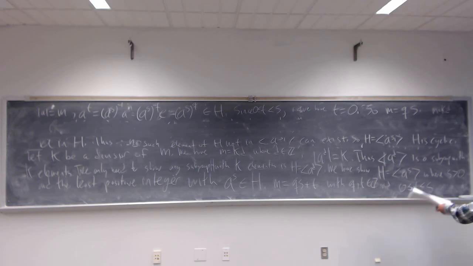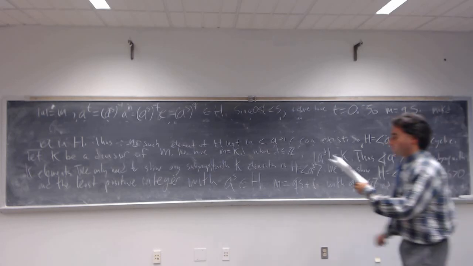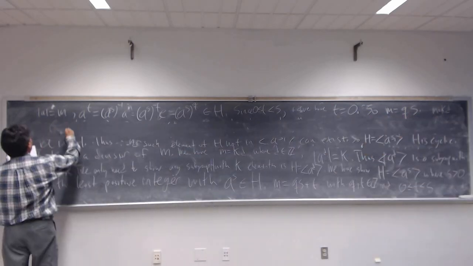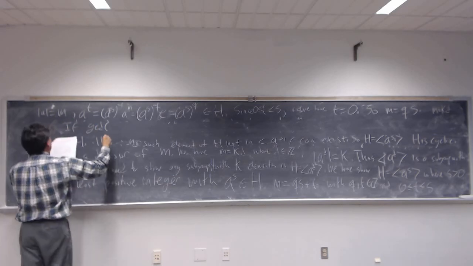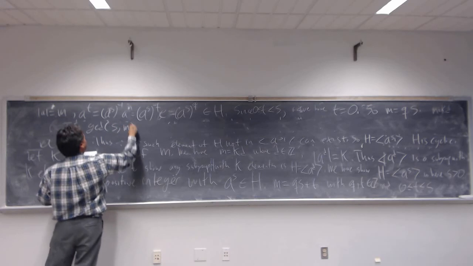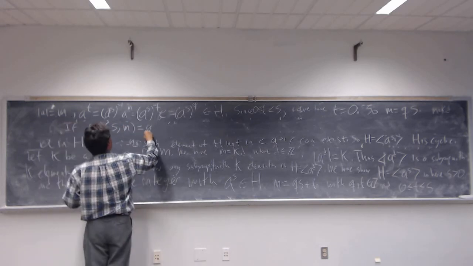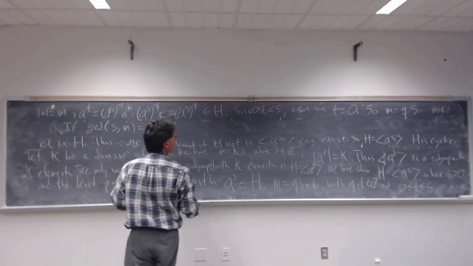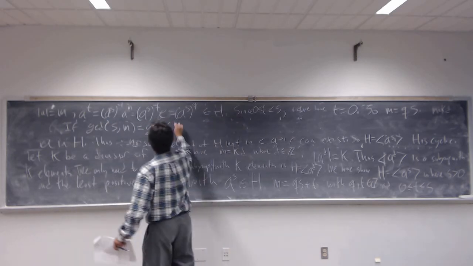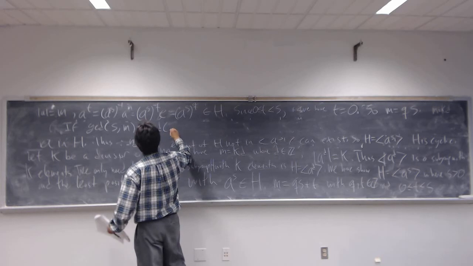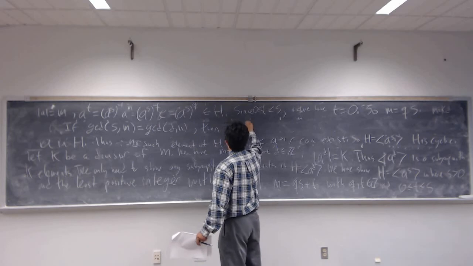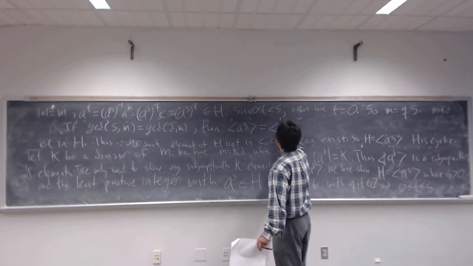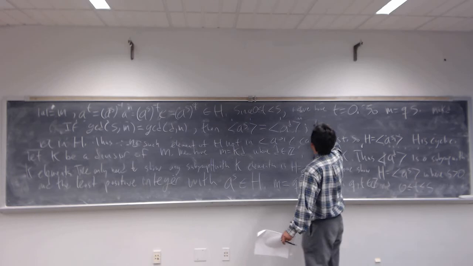And see why A to the D would have to be the same as the cyclic subgroup generated by A to the S. So what we want is, if the GCD of S and M is equal to the GCD of D and M, then these two cyclic subgroups are equal.